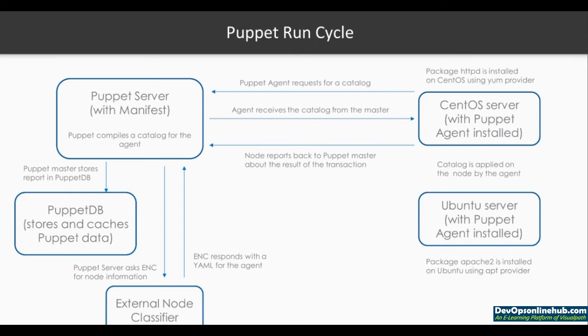The agent receives the compiled catalog and applies it to the nodes. Providers on the nodes use the correct package manager for the respective nodes and install the package. Once the catalog is applied, the node reports back to the master about the result of the transaction. Finally, the Puppet server saves the data in Puppet DB, which can be viewed.